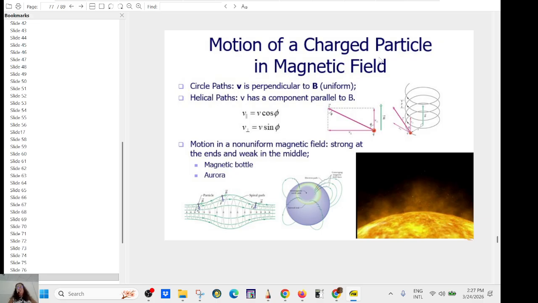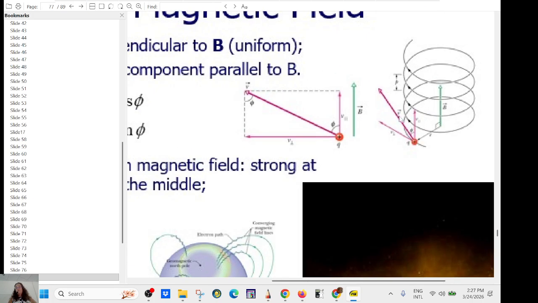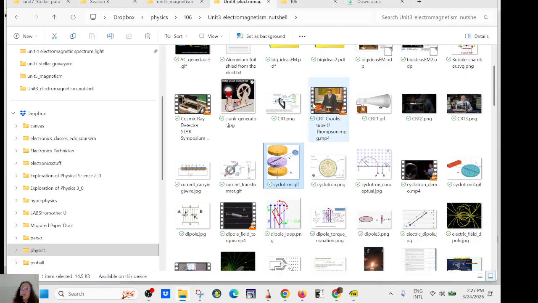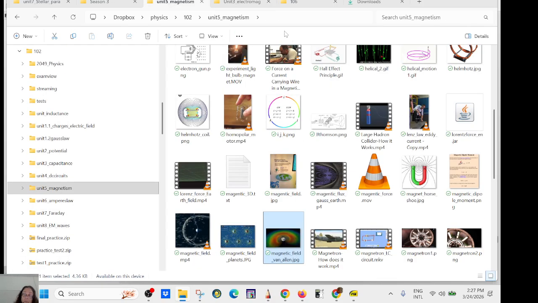Now the motion of a charged particle inside a magnetic field. If you have a magnetic field and a particle moving, and it has a component perpendicular to the magnetic field, then the particle wants to go around the magnetic field. It wants to circle around the magnetic field lines. This is called helical motion.